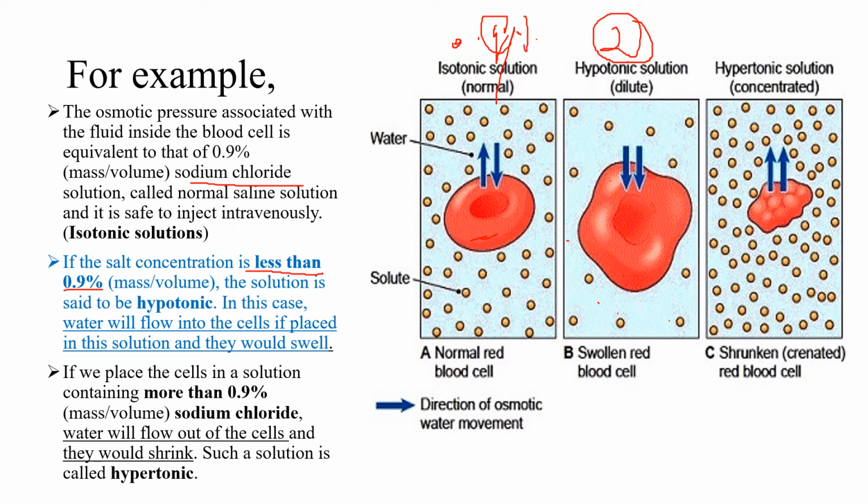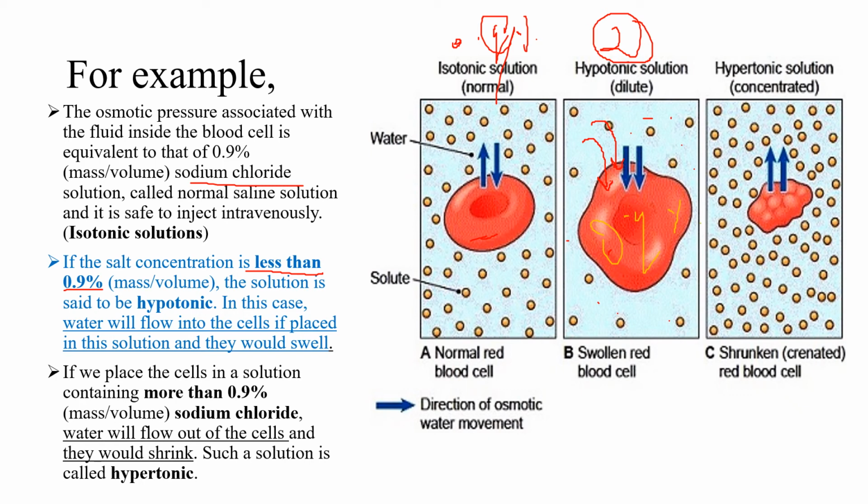Osmosis will occur, and osmosis is a process in which the solvent particles move from low concentration of solute to higher concentration of solute. It means the solvent will move from this lower solute concentration part to the higher solute concentration part, which is of the blood cell, of 0.9%, present inside the blood cell.